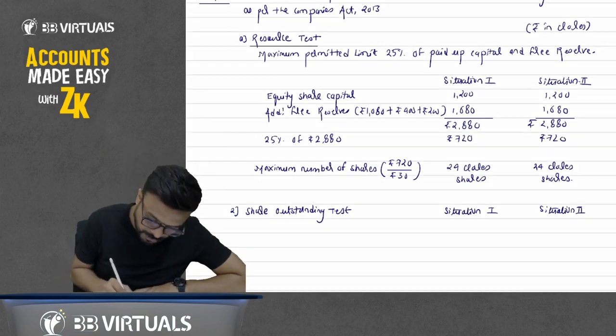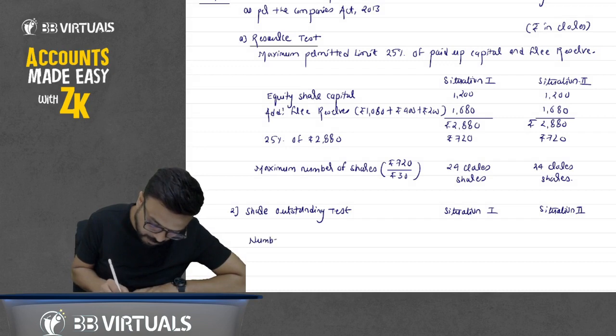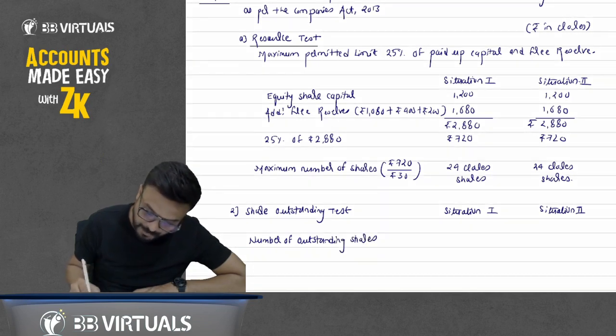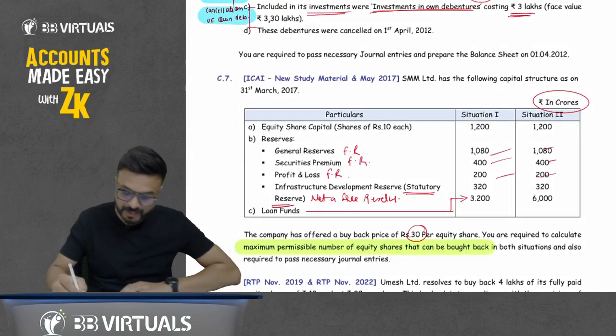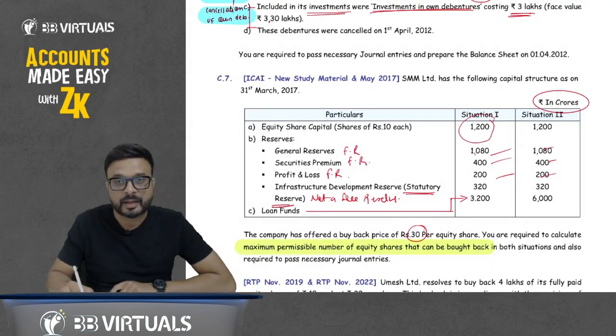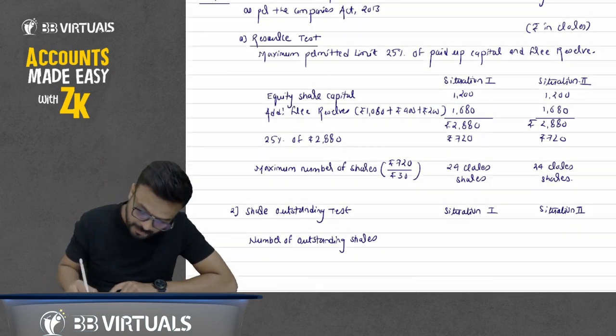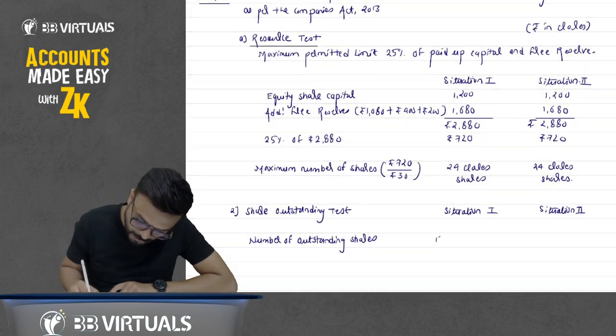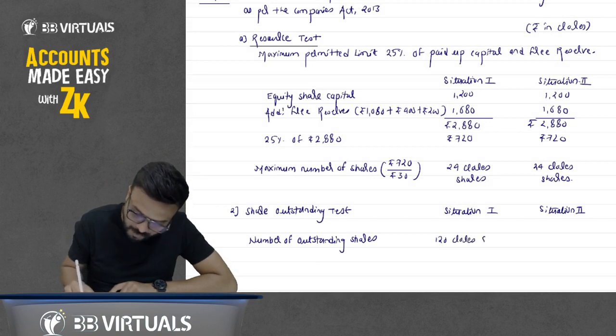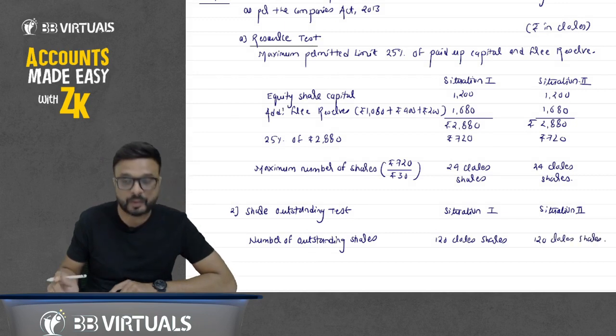So here number of outstanding shares. How much is the number of outstanding shares? Amount is 1200 and share is of rupees 10 each. So current outstanding is how much? 120 crore shares.